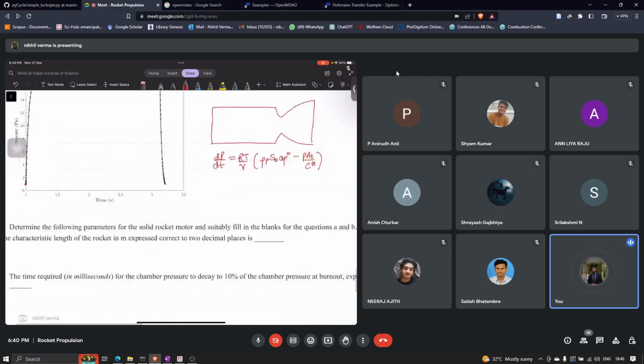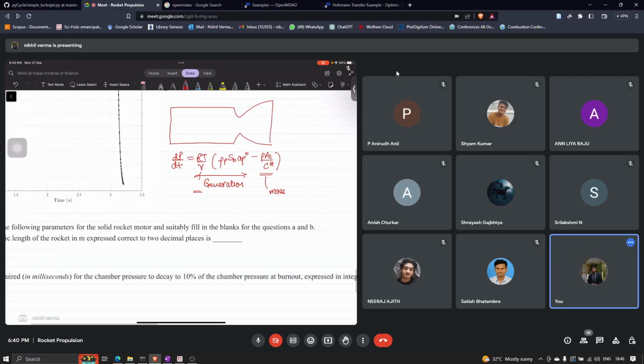This first part is the mass generation term, and this part is the mass going out through the nozzle.